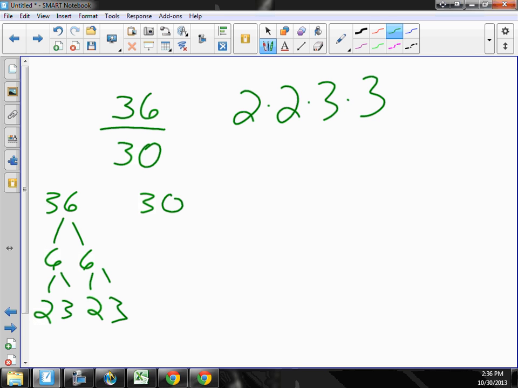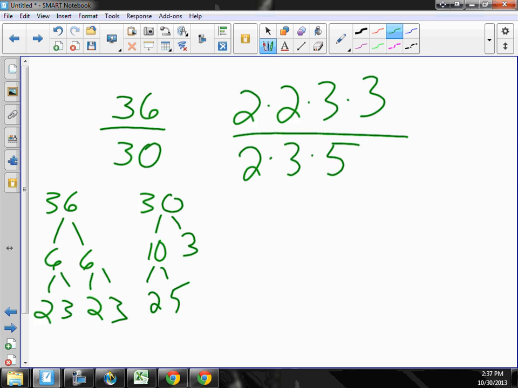That is the only way to create a 36 using prime numbers. The 30 is 10 and 3, 2 and 5. So 2 times 3 times 5. Does anything cancel? The 2 and 2 and 3 and 3. So what's left? 6 over 5.